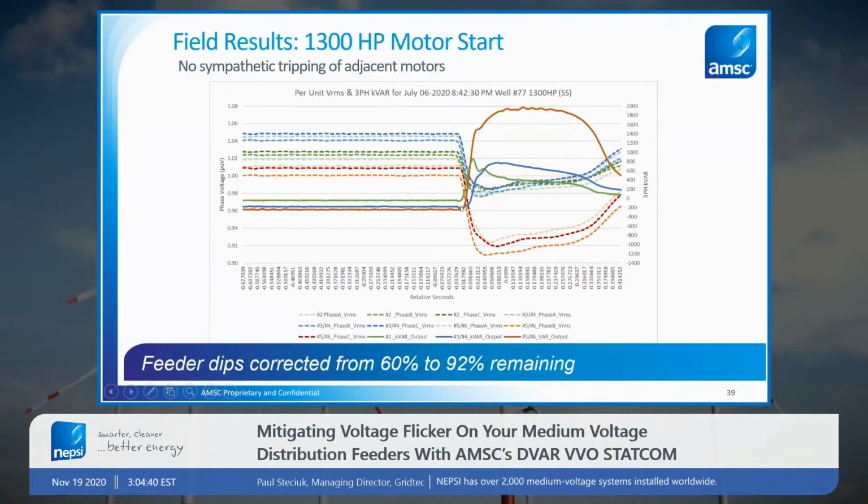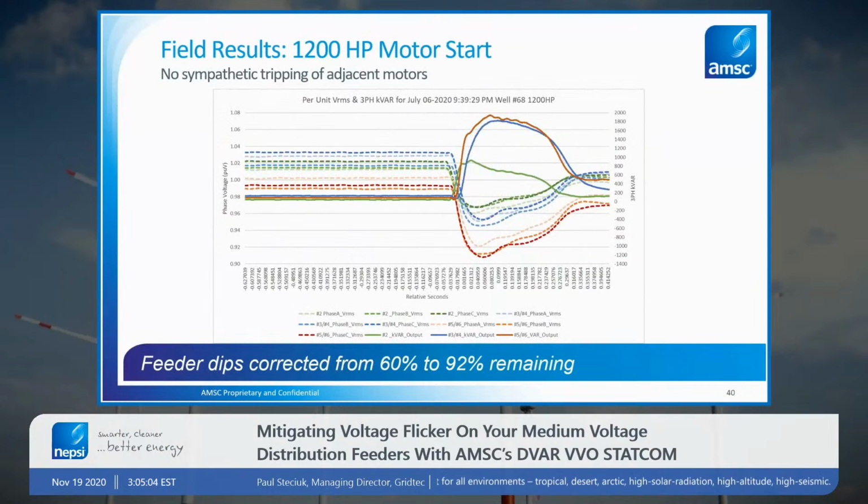And then the solid lines are the injection of VARs from each of the STATCOMs in that motor event. As we can see here, the dip in voltage is actually a little larger than what we showed in our previous case study, but we worked with the utility to determine that this was acceptable.